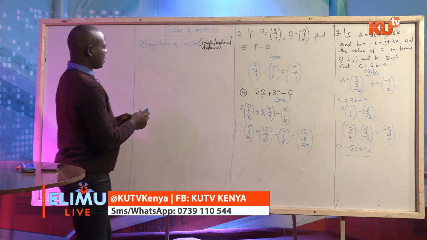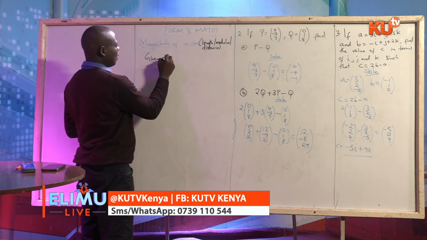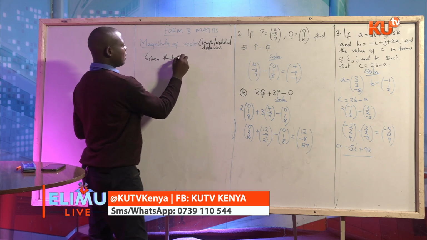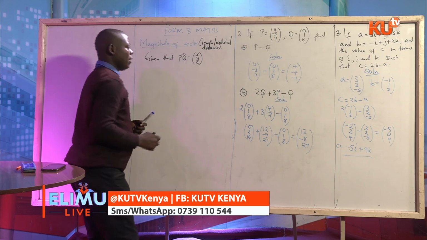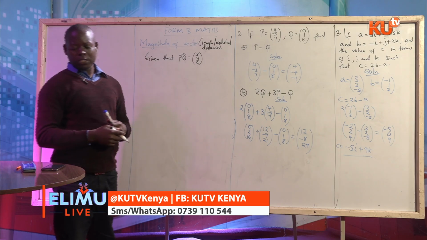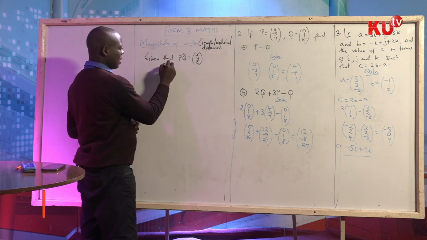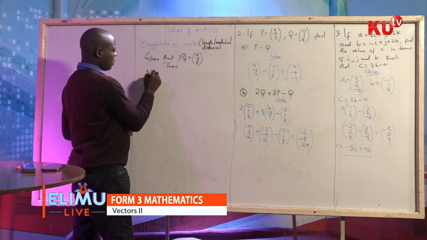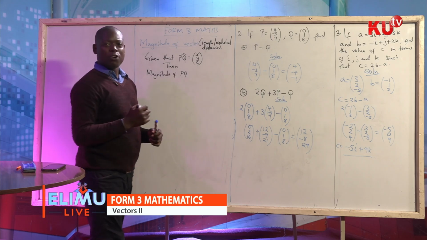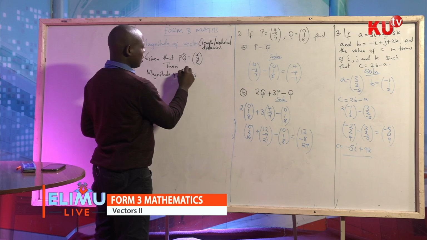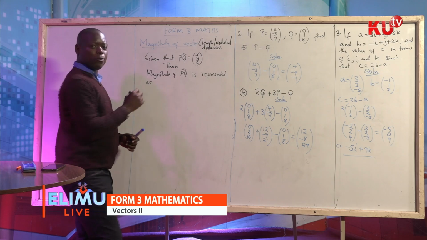So if we have a vector, given that the vector PQ is (x, y, z), then the magnitude of PQ is represented as, now how do we represent the magnitude?